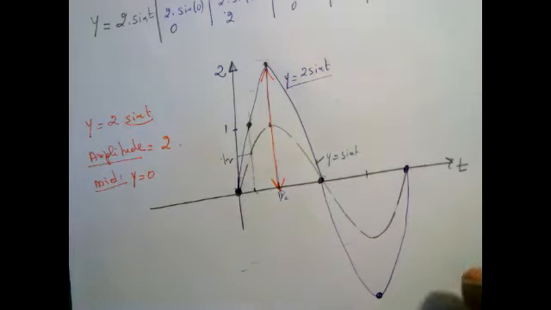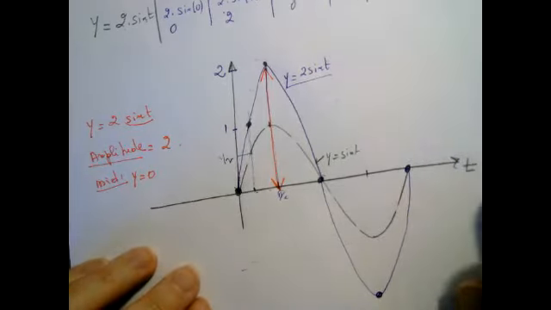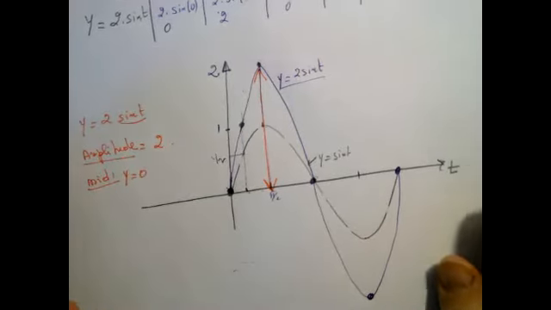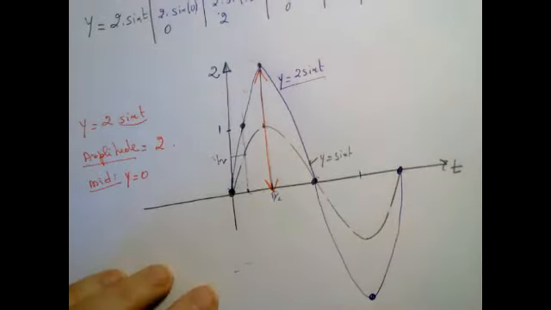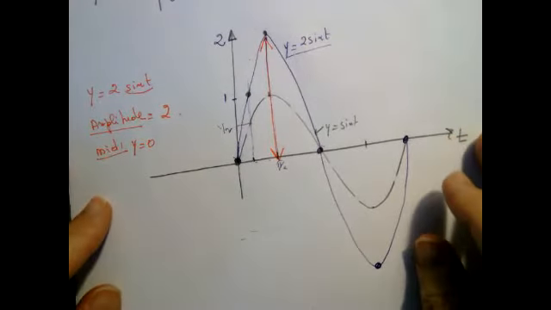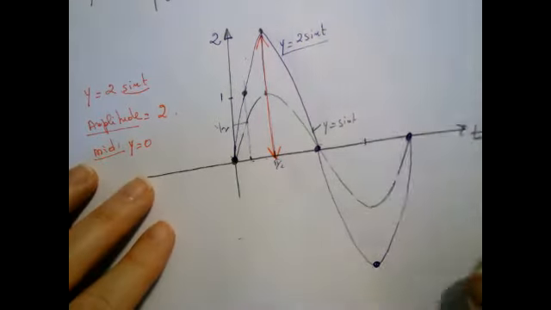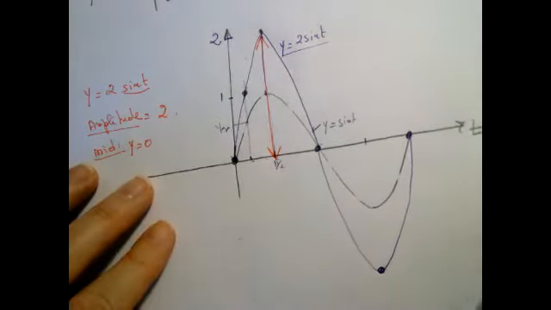Okay, part 2. And now I would like you to participate more. Suppose instead of 2 sine t, I take minus 2 sine t. It means I take the sine multiplied by a negative. What's going to be the effect on the graph?